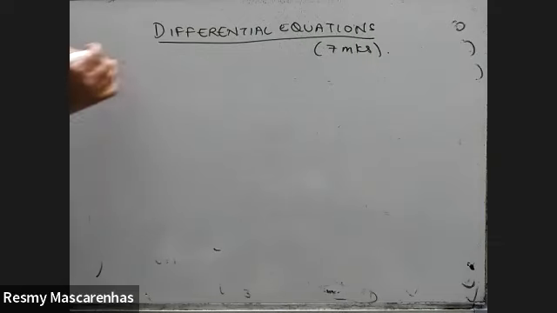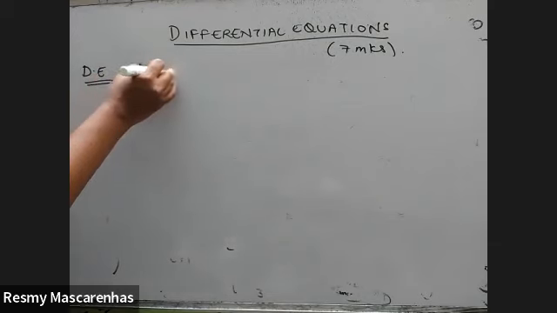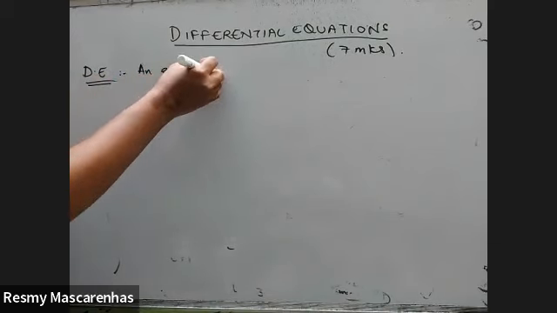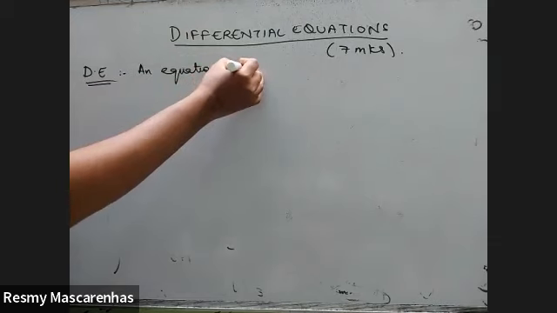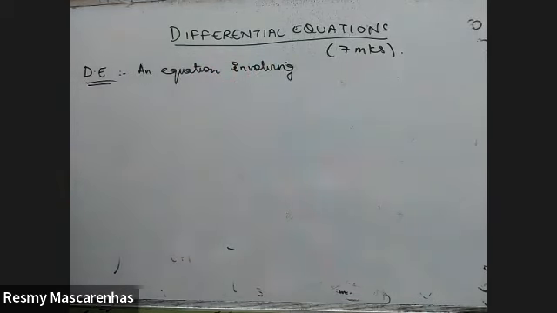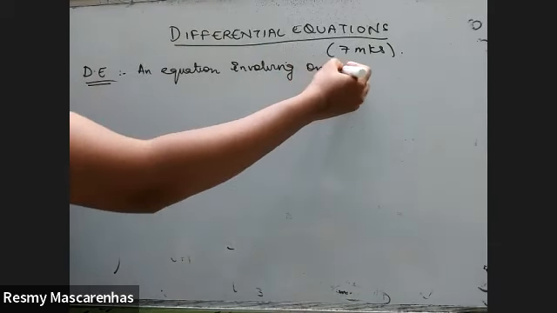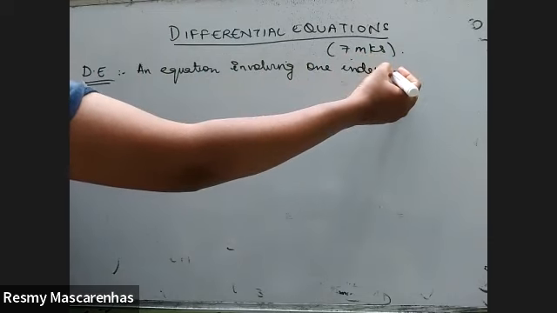We'll start with the basic definition. I'll be using the shortcut, that is DE, differential equation. It is an equation involving one independent variable. I'll explain this. You just write first.